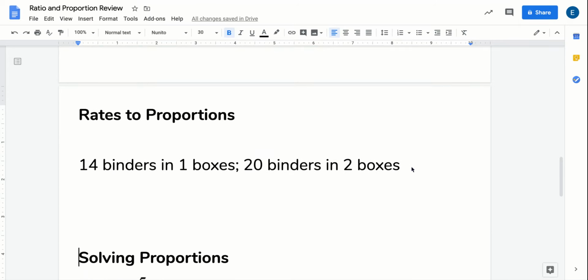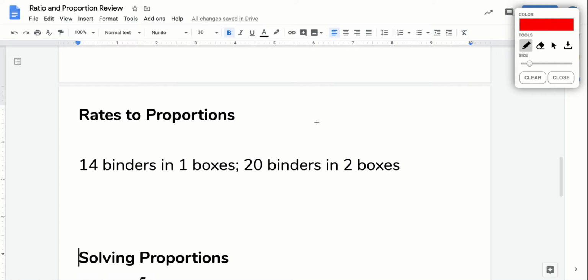All right, I'm going to go from a rate, and I'm going to decide if these 2 rates are proportional. I need to write them. A lot of people are still kind of forgetting that you need to do some writing work. So I have 14 binders in 1 box.